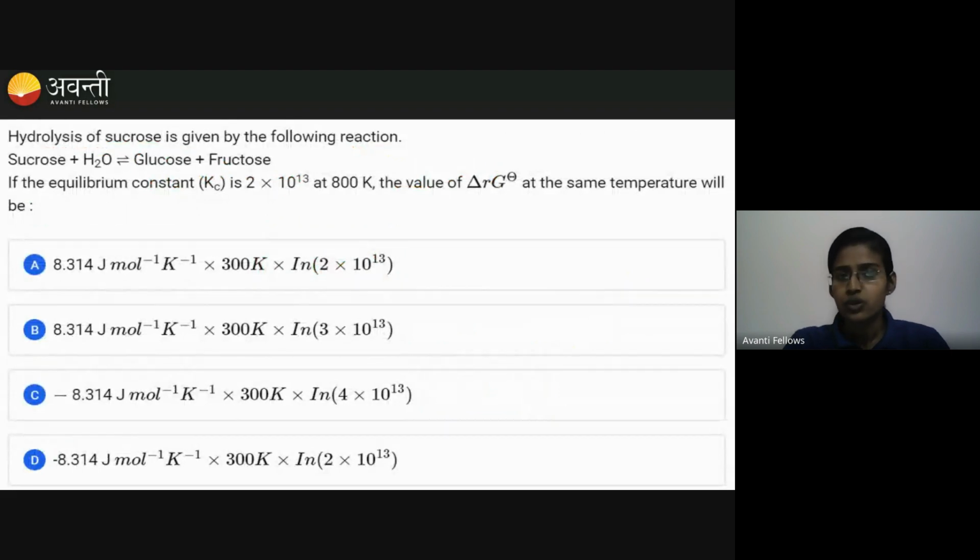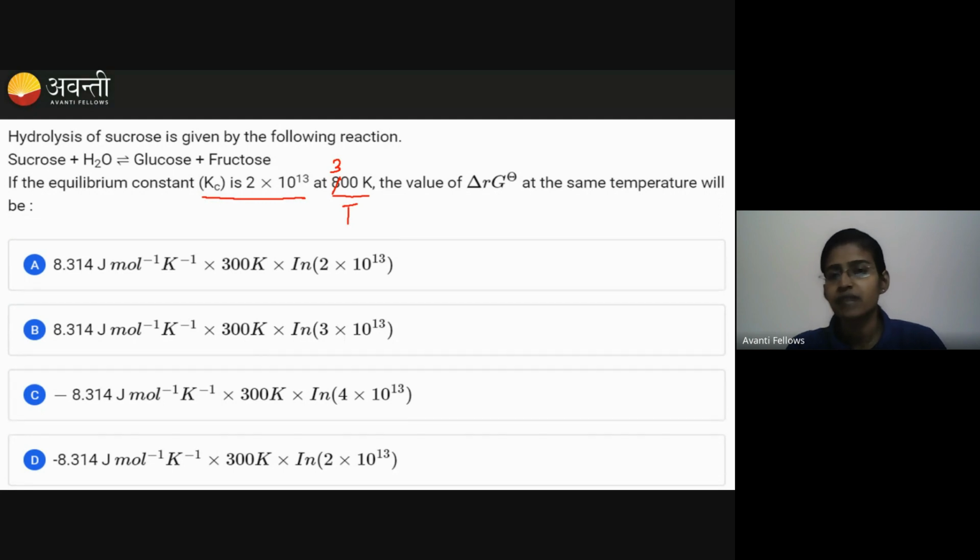Hydrolysis of sucrose is given by the following reaction. Sucrose plus water is in equilibrium with fructose and glucose. If the equilibrium constant Kc is this, at this particular temperature, actually it is not 800, it is actually 300. The value of delta G R naught at the same temperature will be.